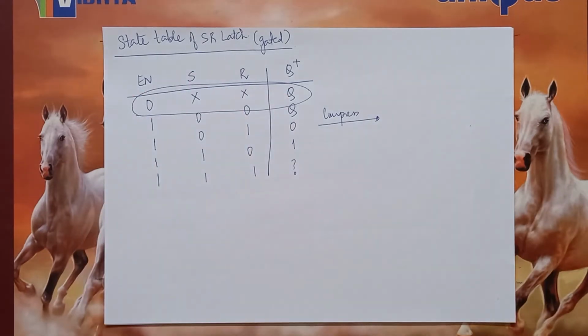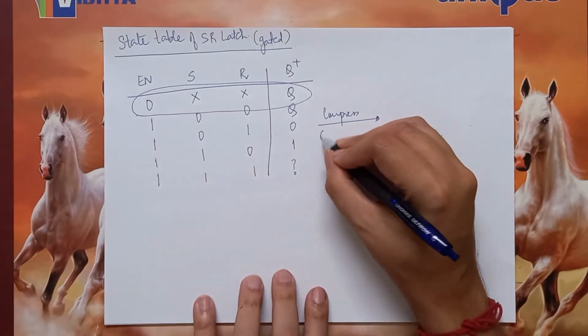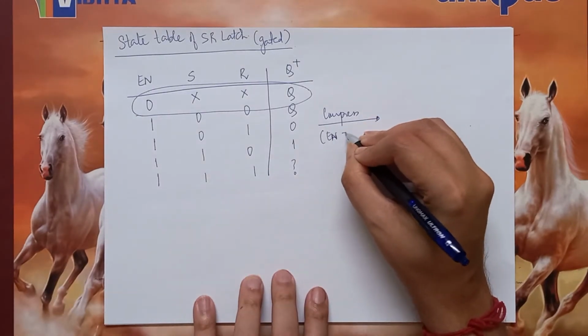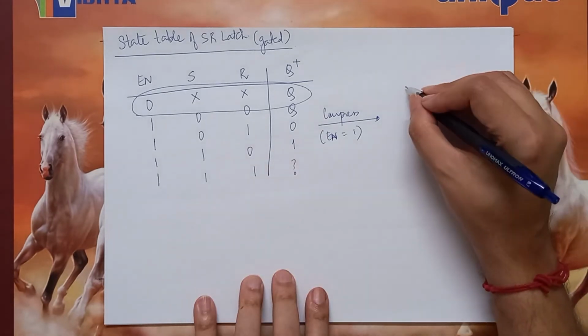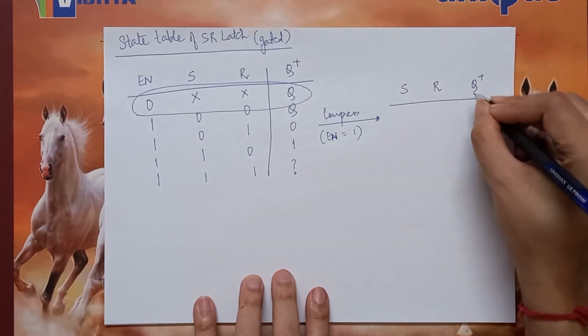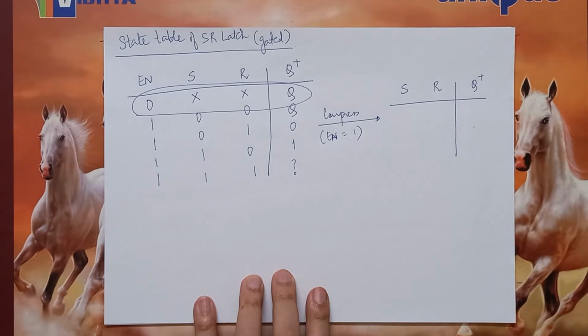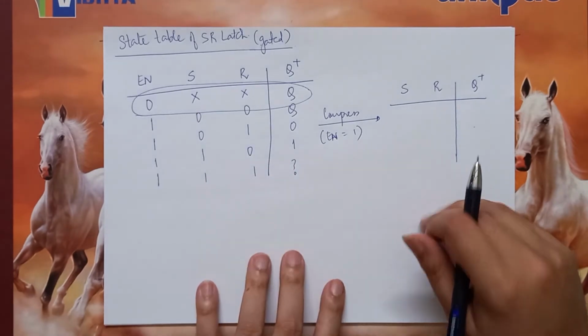So we can compress the state table and just simply consider the cases when enable is equal to 1. That is when we are more concerned about the latch behavior, because that is when the latch is enabled. So we will see that Q plus can be expressed as functions of S and R given that enable is equal to 1. We are not going to be treating this enable as a separate input anymore.